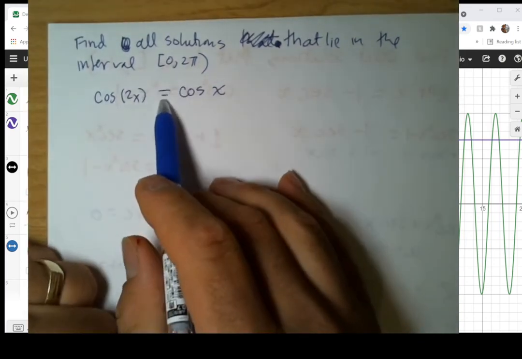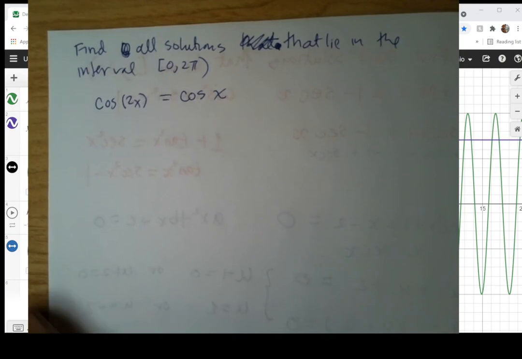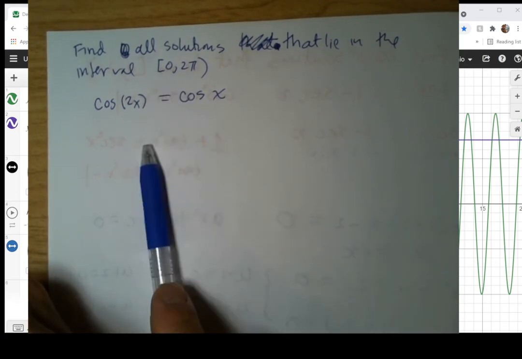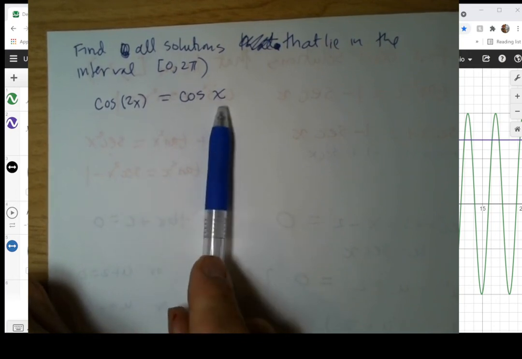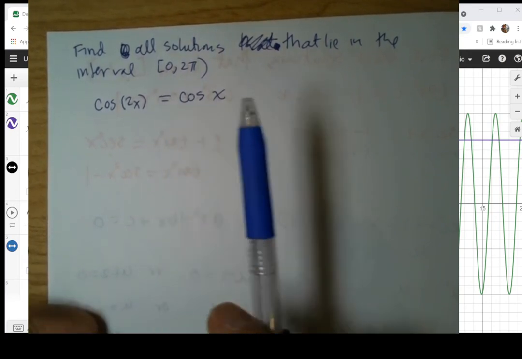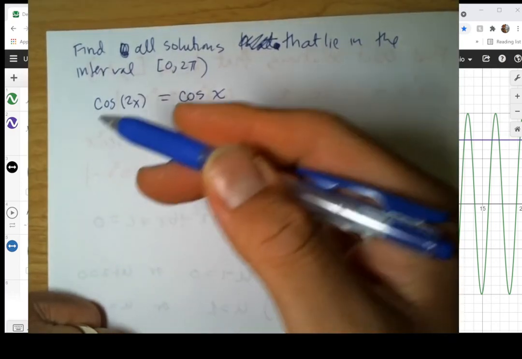I want, again, similar to when I said that I want my equation to be all in the same trig function, I would also like that here. Even though they're both cosine, this one is 2x and this one is x, so they're not the same. I want them to be exactly the same. So we do that by using identities.